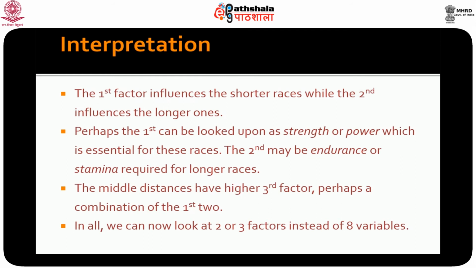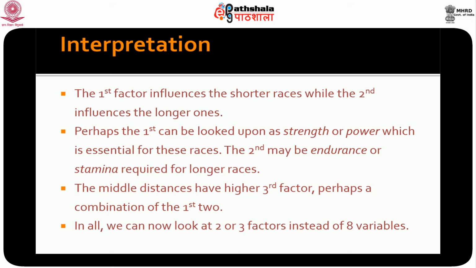It really means that these 400 meters, 800 meters have a separate entity of their own. It lies in between the shorter and the longer races, and probably it requires a little bit of both strength and endurance. So, it is a mixture of these two, and hence that comes out as a third factor if you want to include the third factor as well.